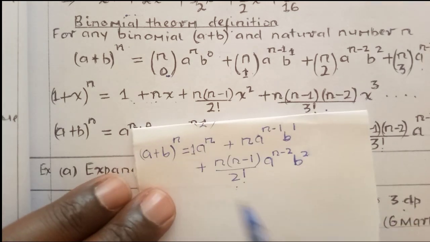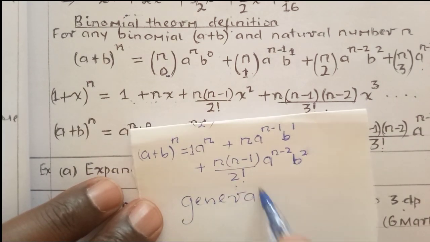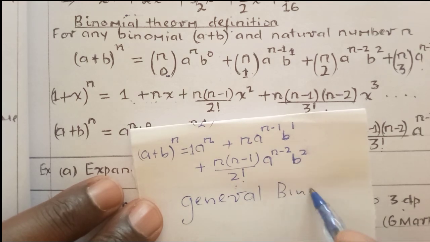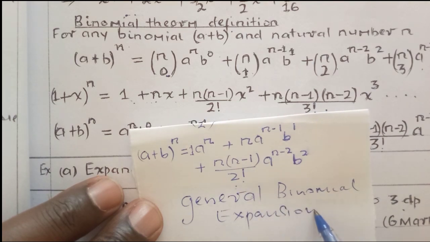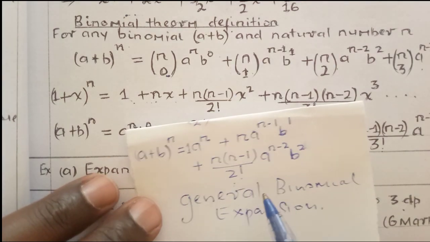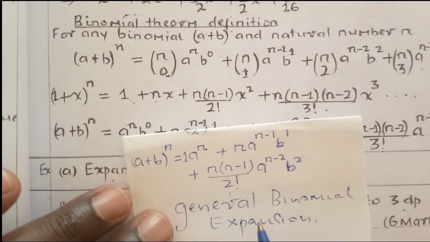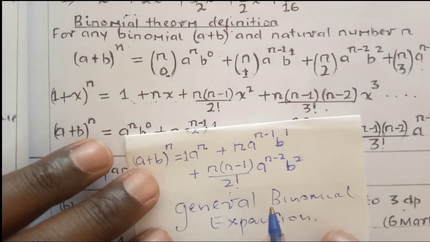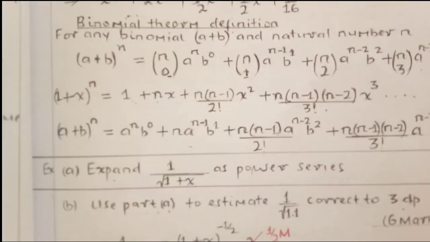This is the general binomial expansion. So this one is used for all integers, unlike the Pascal triangle where we just use the positive integers without fractions. So let's go to another example.